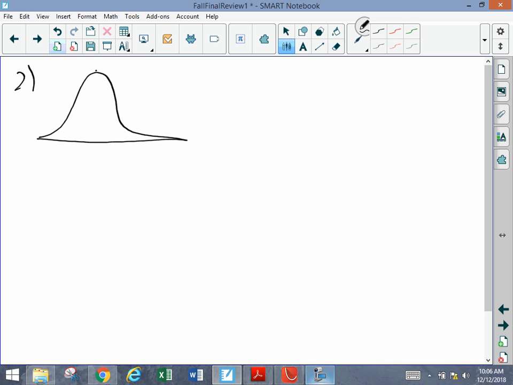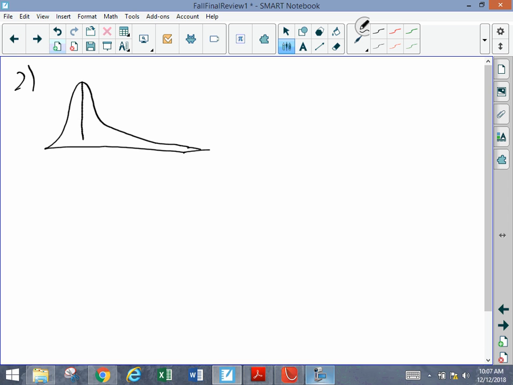Alright, so if we have some data that is skewed, well, that's not looking very skewed. There we go, that's better. Our median would be a more accurate measure of center, and what's going to happen is the mean is getting pushed out that way.